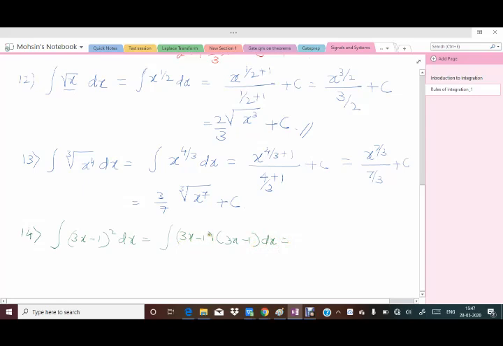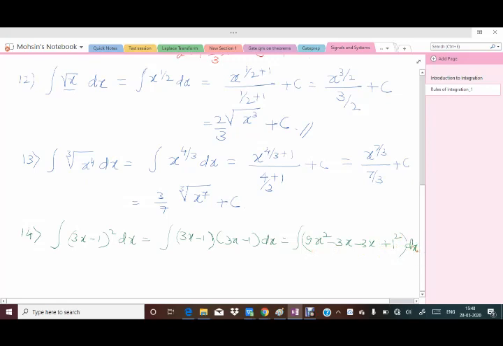So doing the multiplication of these two brackets, we are going to get first term into first term, first term into second term, likewise second term into first term, then second term into second term. So 3 into 3 is going to be 9, x into x is x square, 3 times minus 1, so minus 3x, then minus 3x from the second term, then minus minus plus 1 square times dx.